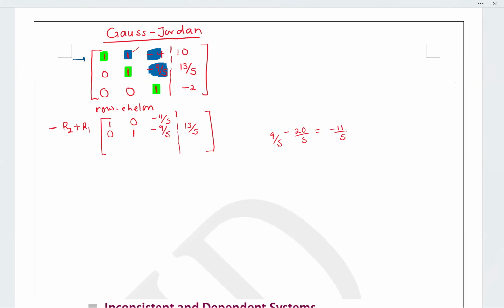All right. Now, here will still be 0, 0, 1. And here will be minus what?